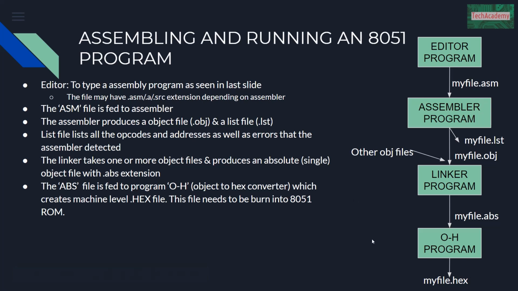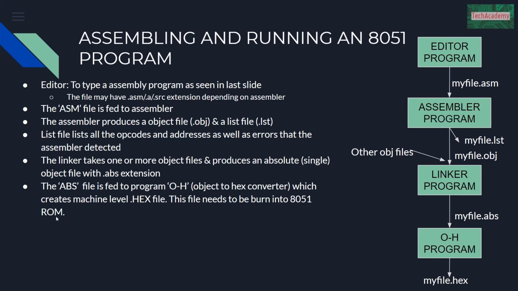In most modern assemblers, all these three tasks are done by a single program, which generates the final hex file, which is nothing but our machine level language file. So this file is our actual output, our machine level language output, which we burn or flash into the 8051 ROM.